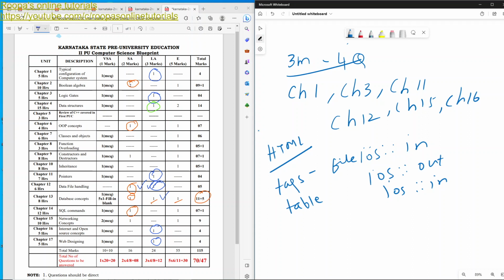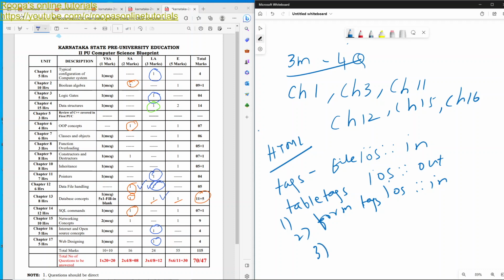TR for table row, TD for table data, TH for table heading. And then after table tags, you have the form tags which you have used in your programs, like input type equal to text, the radio button, then submit button, password, etc.